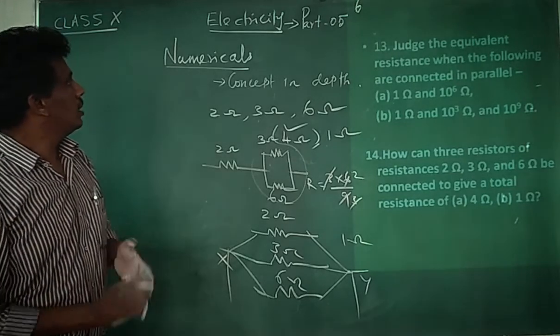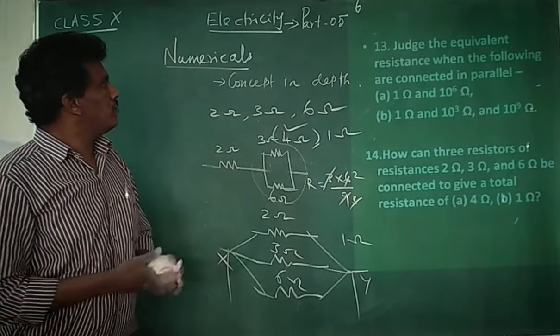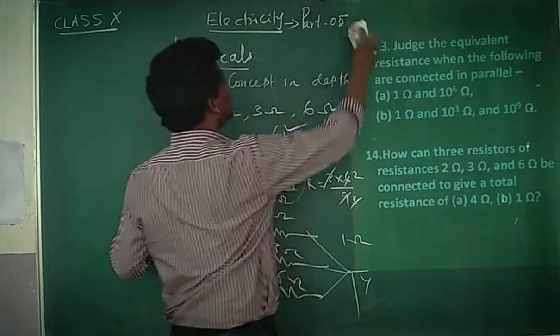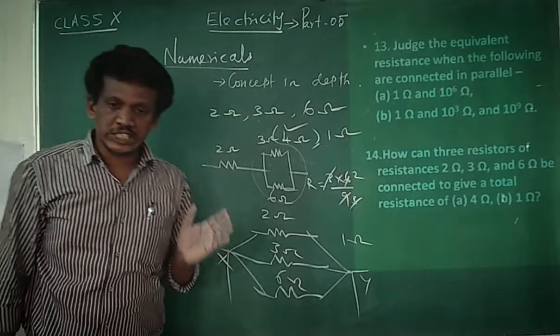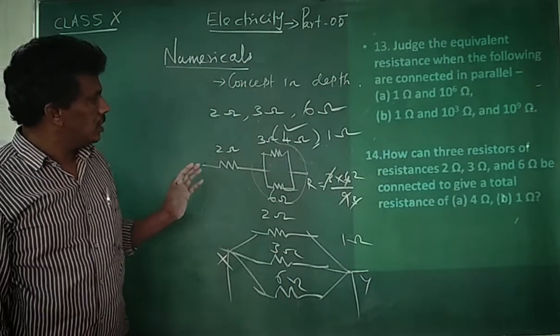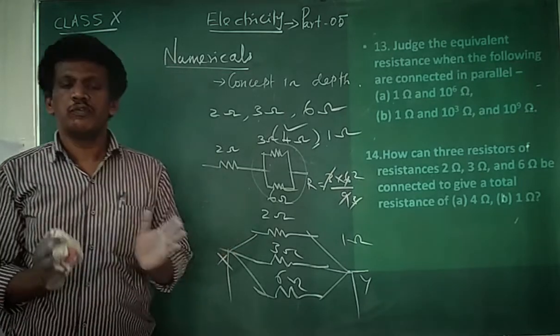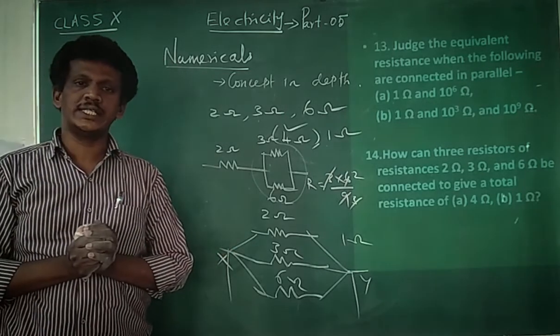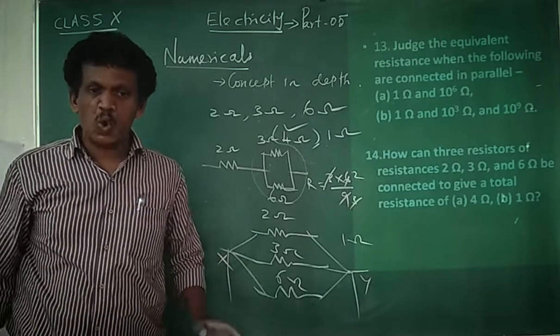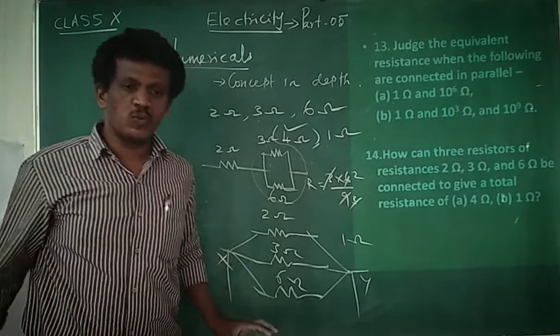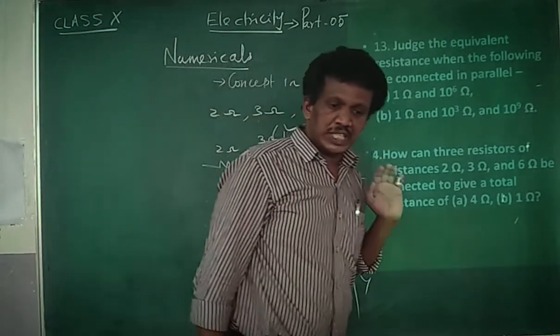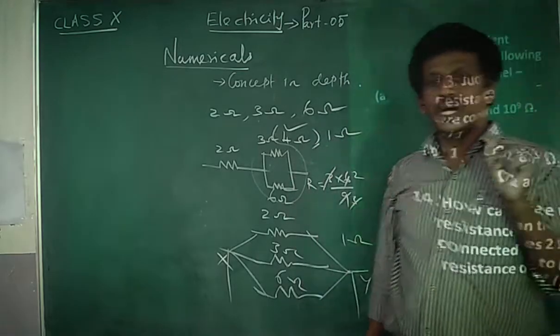Yes. So in electricity part 5 we discussed the numericals. We started. We have done almost 4 or 5 concept-based questions, but the numerical is not over. The concept is not over. Let us continue with the next video.